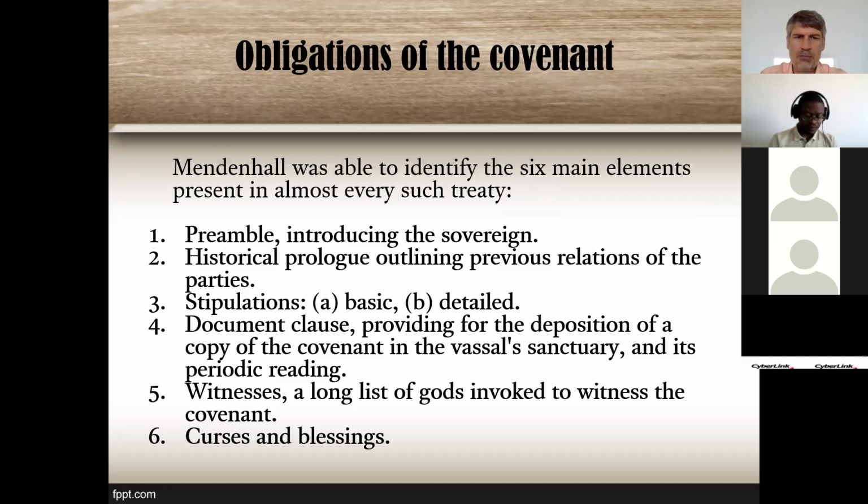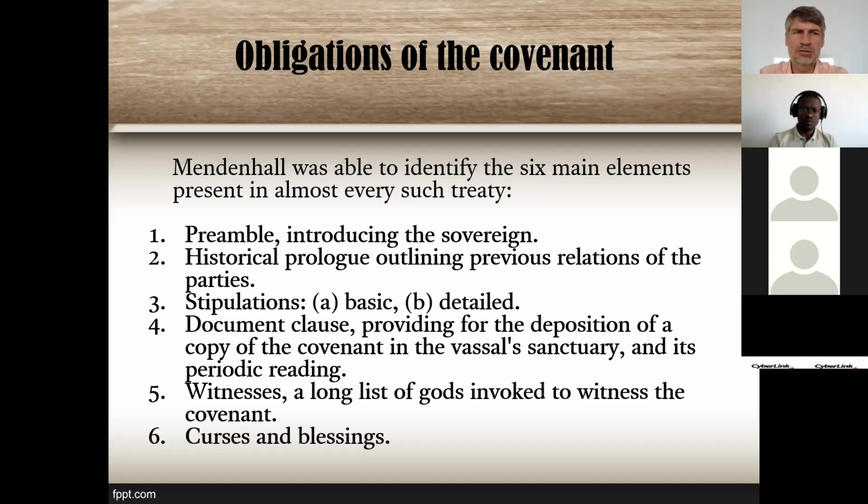The first part is the preamble, and usually in the preamble we have the introduction of the sovereign. I need to emphasize that this is a sovereign, or suzerain, treaty. So what does it mean, suzerain treaty? Suzerain is the person who takes a higher position, and vassal is the one who depends on him.